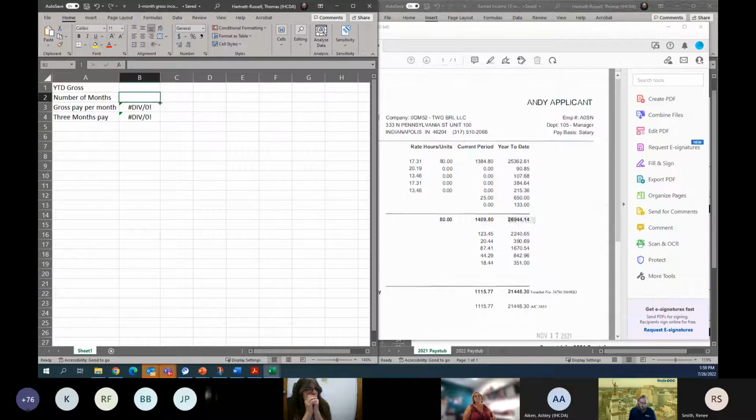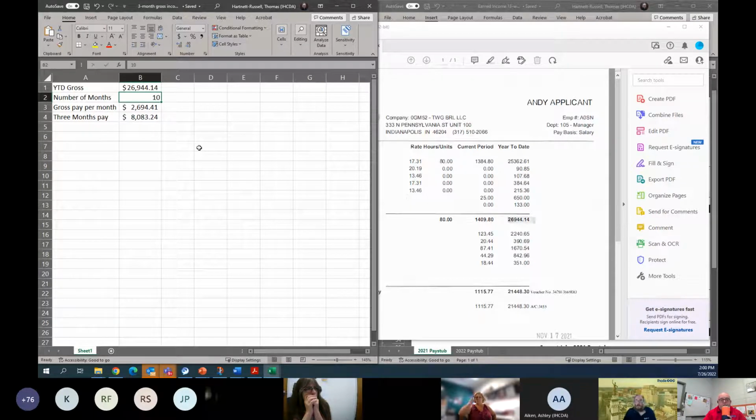So the number of months in this pay stub is going to be 10. Our year-to-date gross here is $26,944.14. That gives us an average gross pay per month of $2,694.41, and the 3-month pay there is $8,083.24.